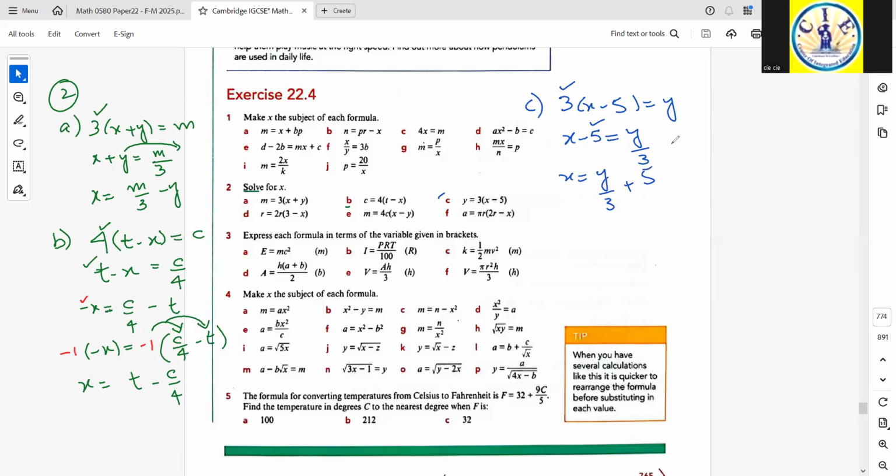The answer can be this one, or what we can do is make the right side a single fraction with a common denominator. So we can have 3y plus 15 over 3. Though this is not necessary, we can either have this as the answer, or the previous form of the answer is also correct.